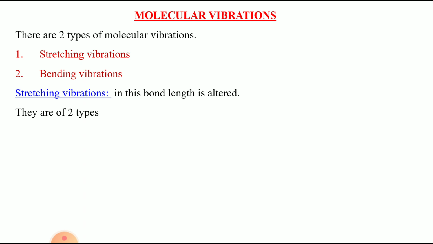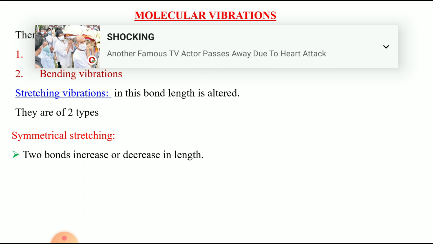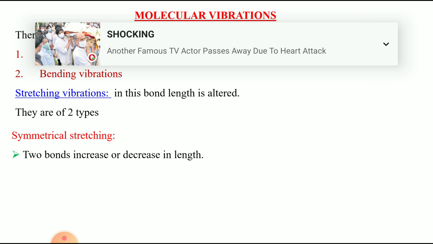Stretching vibrations are of two types: symmetrical stretching and asymmetrical stretching. In symmetrical stretching, suppose in a molecule two bonds are there, either the two bond lengths increase or decrease. So here symmetry will be there.